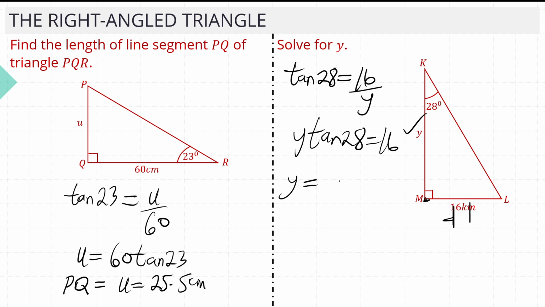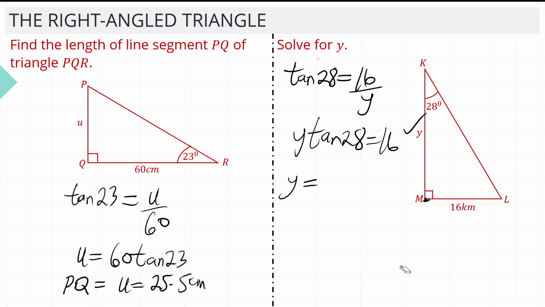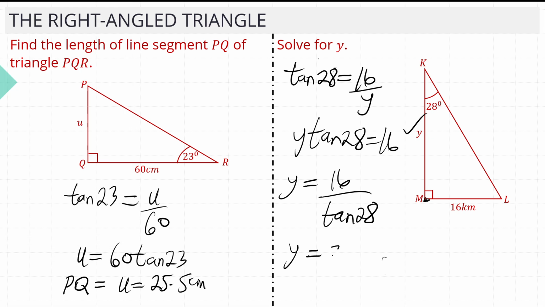Divide both sides by tan 28, and you get a value of y to be 30.1 kilometers.